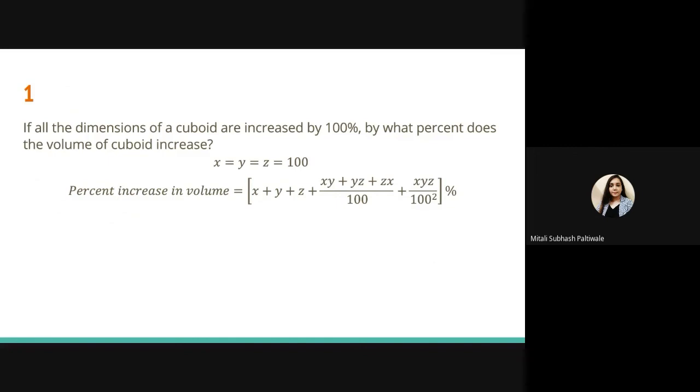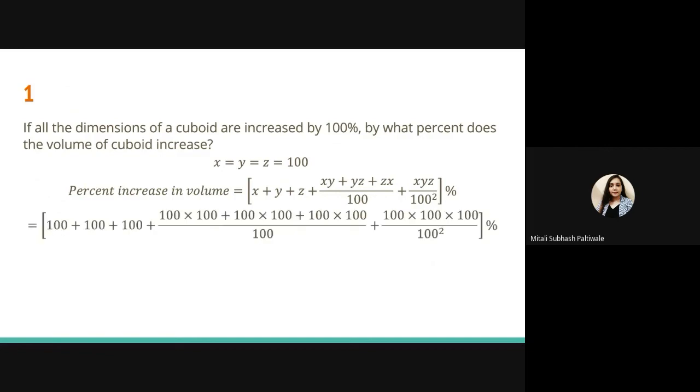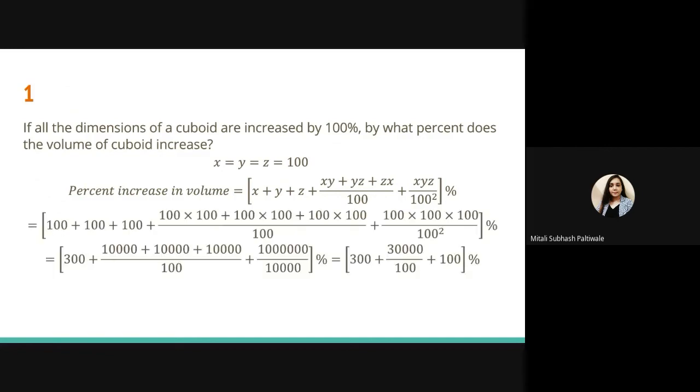Now, that's nothing but the percentage, because we are finding how much percentage increased in the volume. Okay, so let's put the values of x, y, and z in the equation and find out the answer. So this is how, in place of x there would be 100, y would be again 100, and z will be again 100.